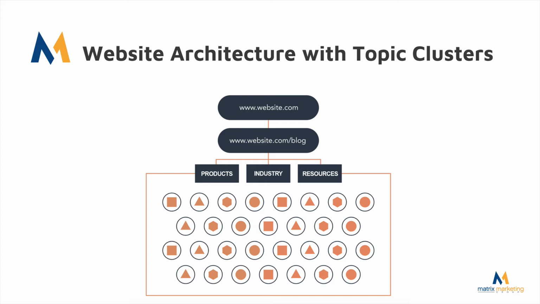Using our website as an example, you can see the spread of web pages within our blog subdomain. As Matrix Marketing Group produces more content, blog pages proliferate and the structure becomes spread out and complex, with no uniform linking structure. Now, this setup makes it harder for search engines to crawl through all the pages quickly.